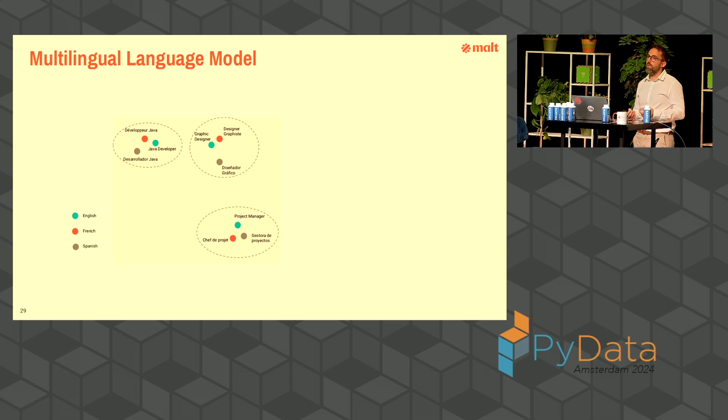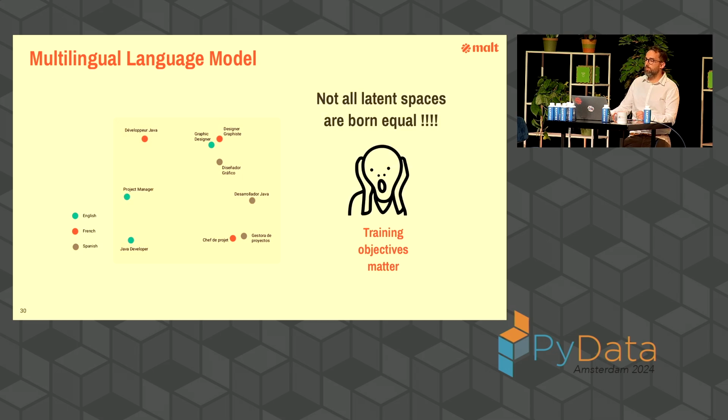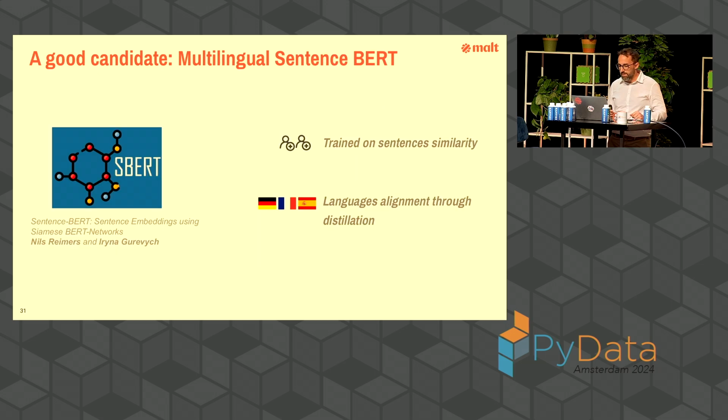Alignment means that the same concept in different languages should be roughly located in the same location in the latent space. But we should be careful, because not all latent spaces are born equal. Depending on how you train your model, you might get these nice properties, or you might not. So you need to carefully pick which multilingual language model you want.